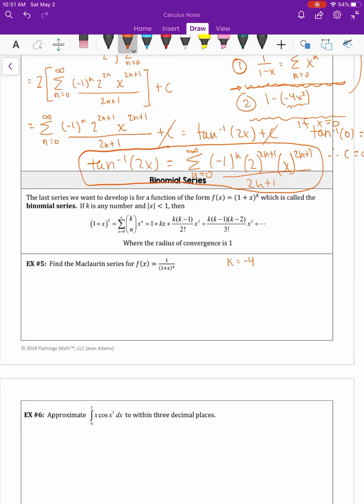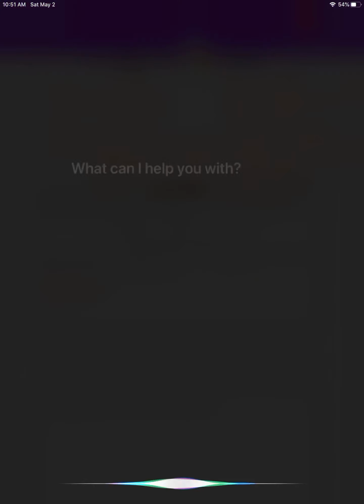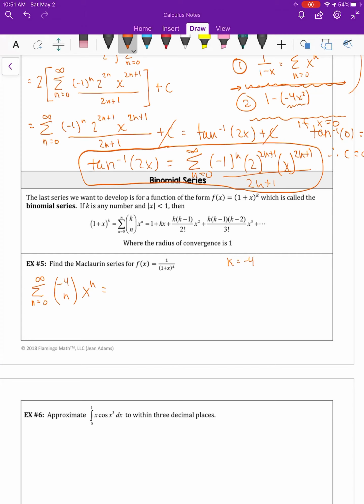So they want us to find the Maclaurin series for f of x equals 1 over 1 plus x to the 4th. For this one, your k is going to be -4, okay? So they've already told us that this is going to be the summation from n equals 0 to infinity of -4 choose n times x to the n. So I'm just going to put my 0 in. -4 choose 0 times x to the 0, that's 1.